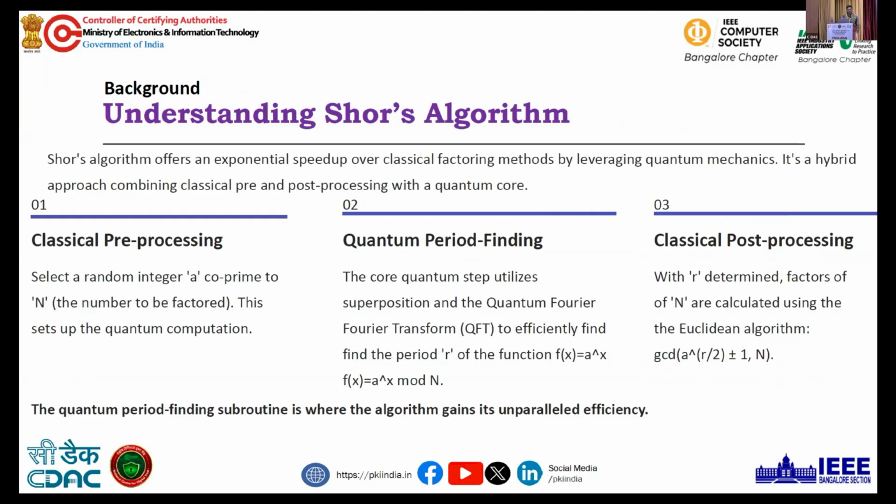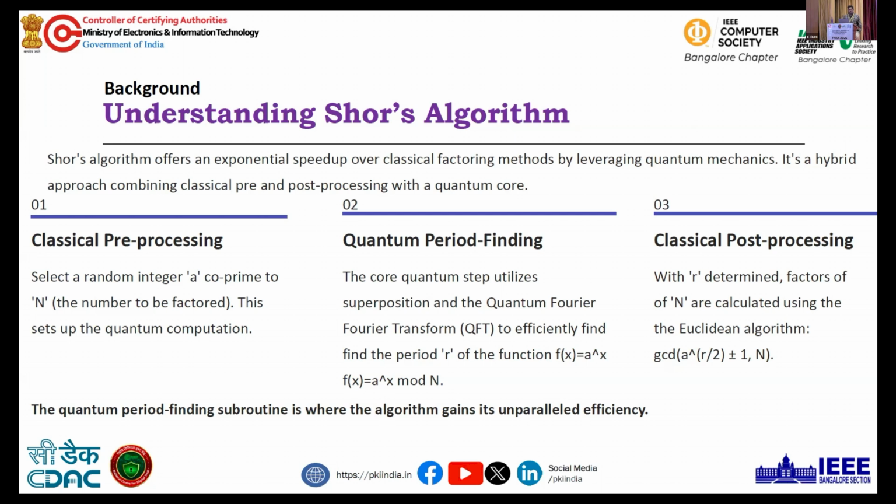Moving to the next slide. To understand Shor's algorithm, it is a hybrid process. First, we start with some classical pre-processing, then use quantum computation for the core period finding step, and finally finish with classical post-processing to extract the factors.